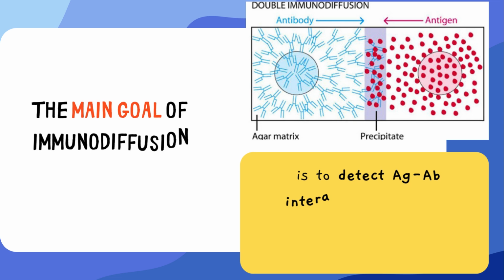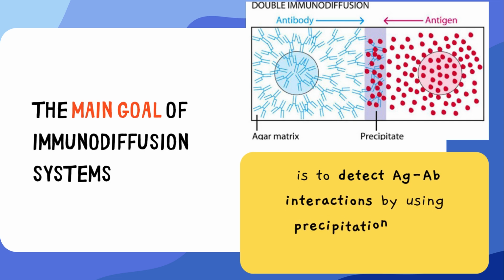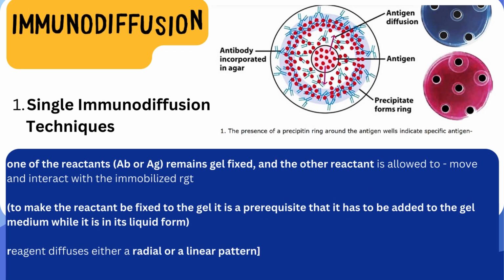So what's the main goal of immunodiffusion systems? The main goal is for us to be able to detect antigen-antibody interactions by using precipitation as the measure of reaction. Okay, so now the single immunodiffusion techniques.